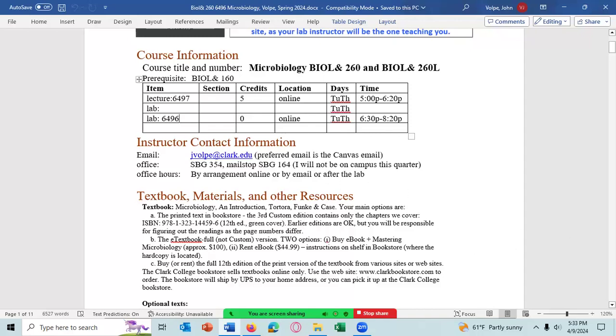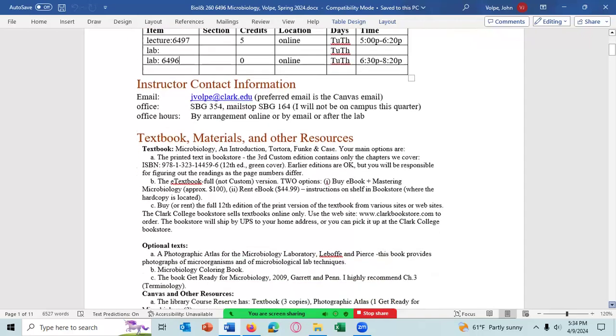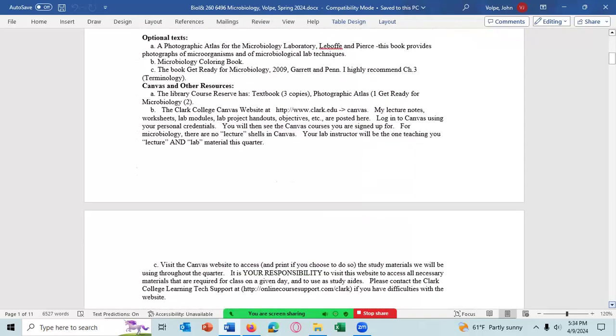I'll let you read about the textbook and other resources. Let me state that this class does have some optional textbooks, a photographic atlas for microbiology. This book really helps with the lab, showing you photographs of the different tests in the lab.